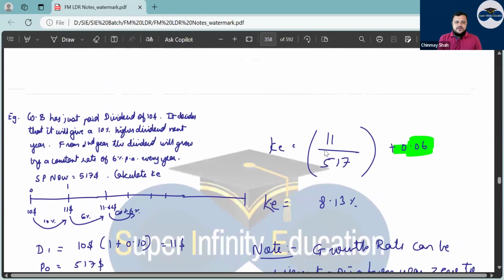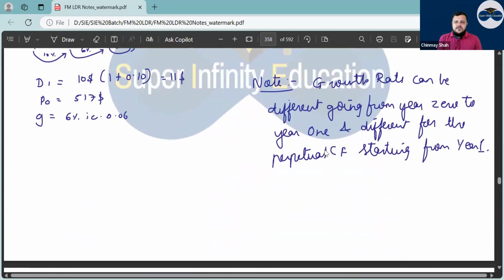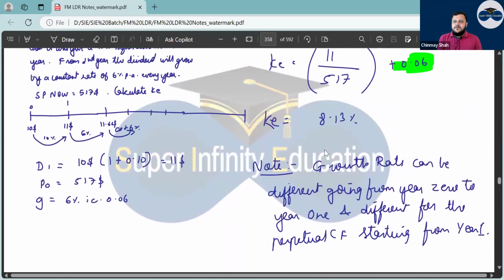Correct? Growth rate. Now what happens generally is that the growth rate can be different from year 0 to year 1. Now this is one question. I think a lot of books don't even have this question. They will say that the company paid a dividend of $5 now. Correct? The dividend will increase next year by 7%. So D1 will become $5 plus 7%.